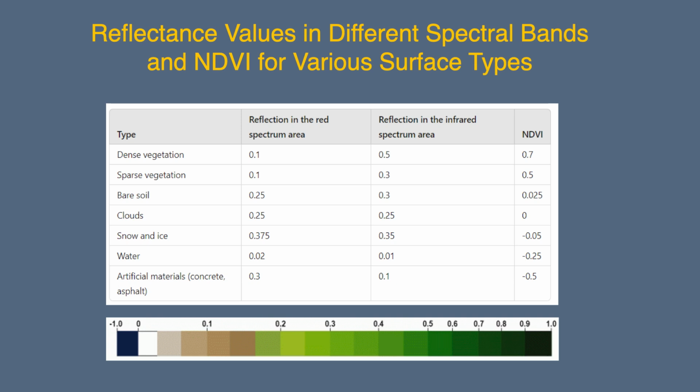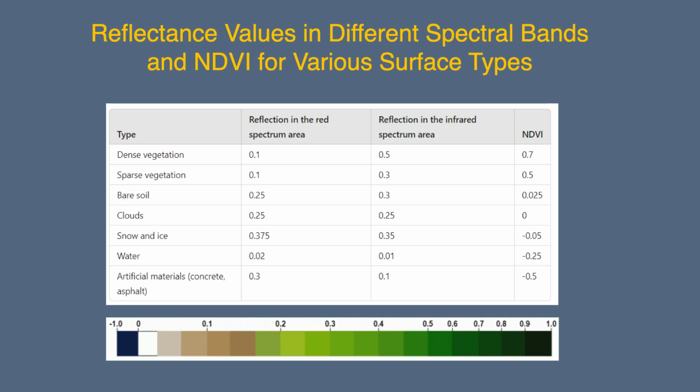Sparse vegetation or dry areas often have NDVI values ranging between 0.2 and 0.5, indicating areas with little to moderate vegetation coverage. Healthy, dense vegetation has values above 0.5, with the healthiest areas such as forests or well-irrigated farmland reaching values up to 0.8 or 0.9.